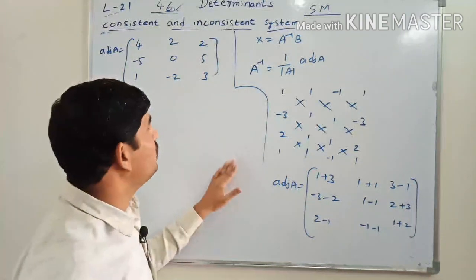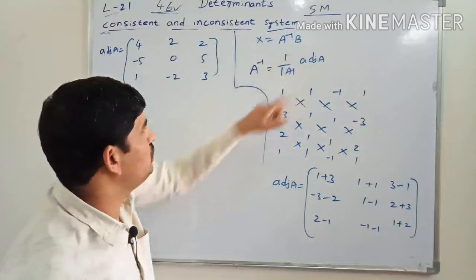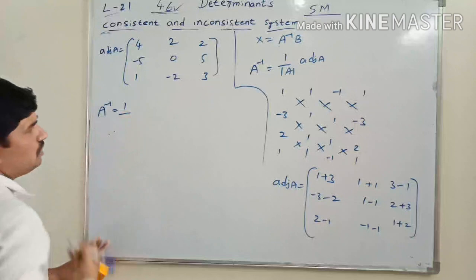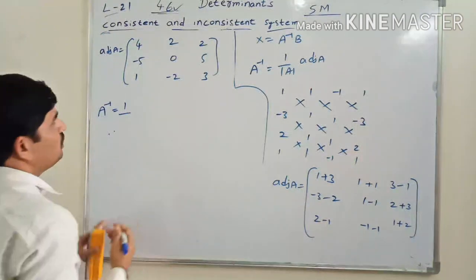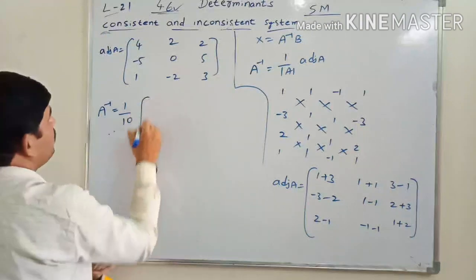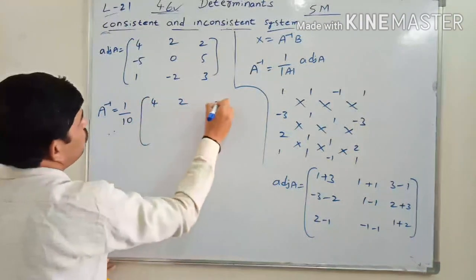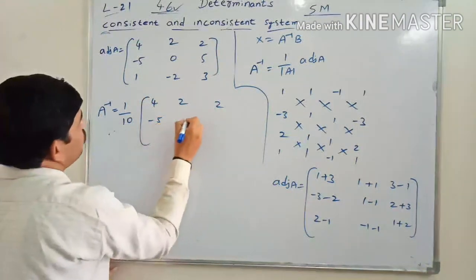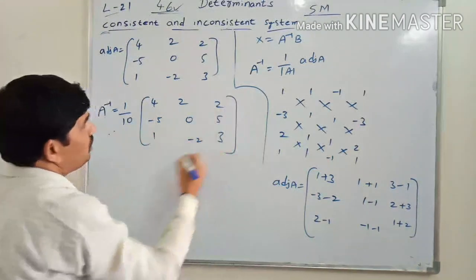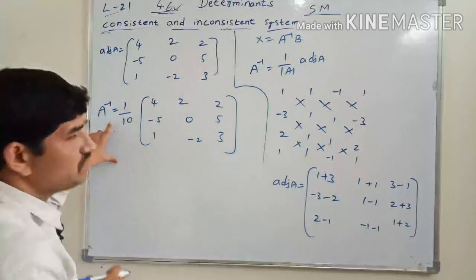After having the adjoint A, we substitute in A inverse. A inverse is equal to 1 by determinant of A. Determinant of A we got 10, and adjoint A is 4 2 2, minus 5 0 5, 1 minus 2 3. Now we got the A inverse here.